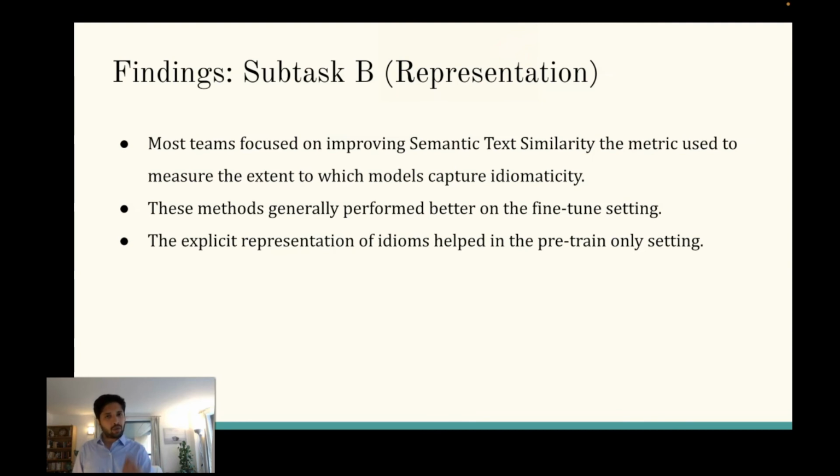In the pre-train only setting, which requires generalization, the explicit representation of idioms seemed to have helped quite significantly. So the trend seems to be consistent. In both identification and representation, there seem to be different requirements based on whether we've seen an idiom before, or if we need to identify an idiom that we have previously not seen before.